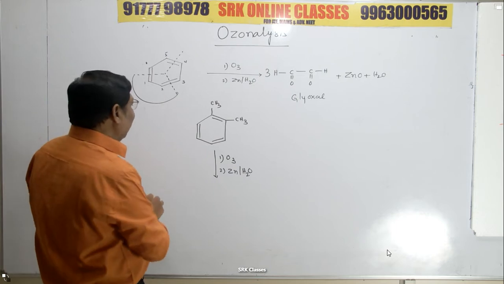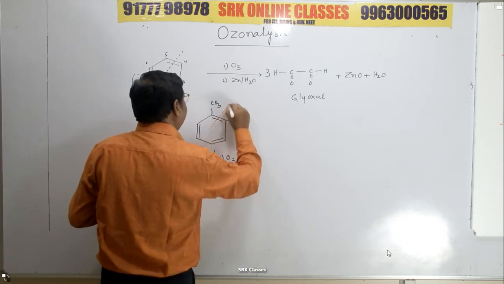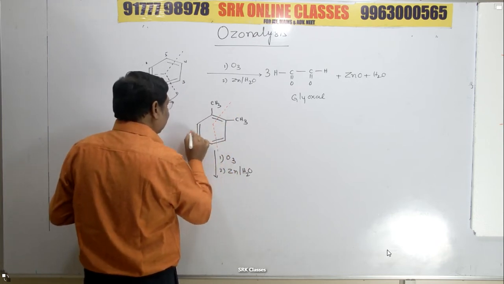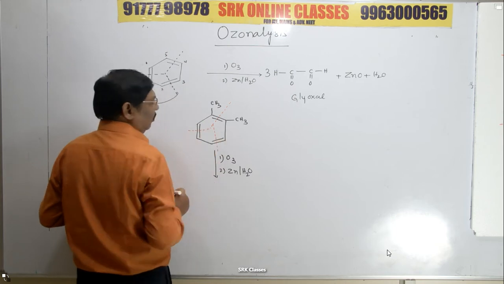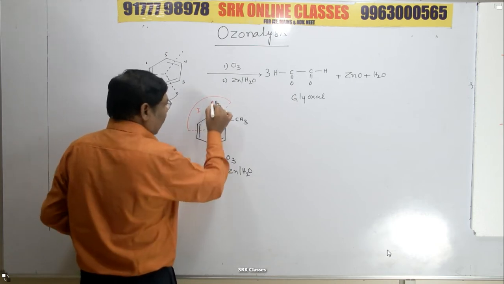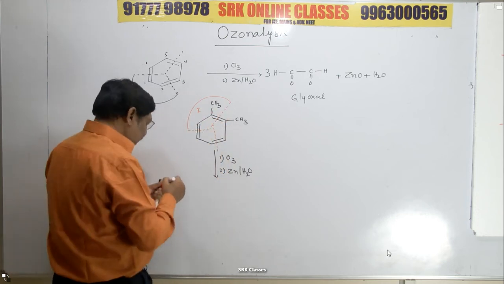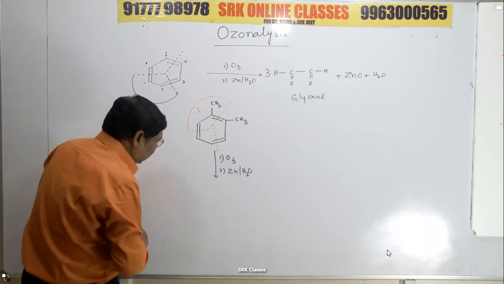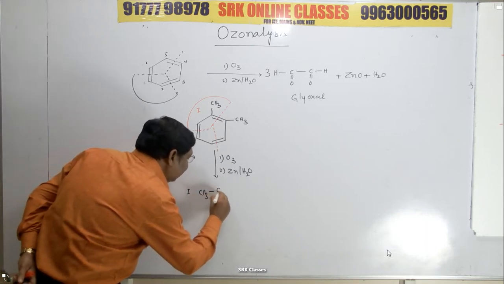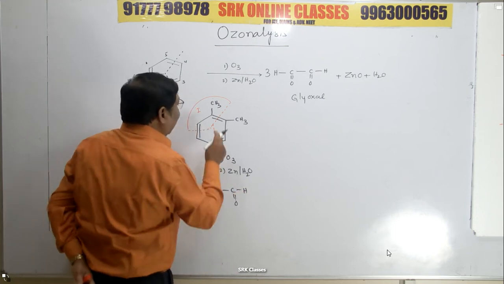So what is the type of cleavage? Now look here. Wherever a double bond is there, cleave. Second double bond here, third double bond here. This is the first one, part 1. In part 1, I am going to get CH3, C double bond O, C double bond OH, methyl glyoxal.